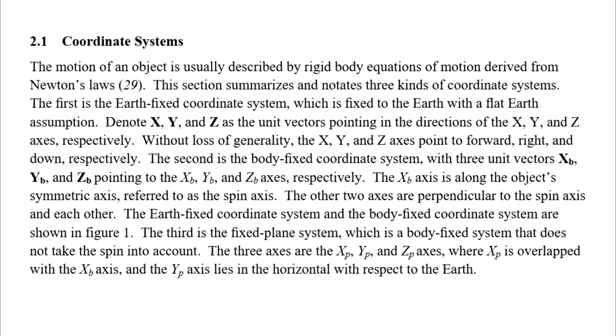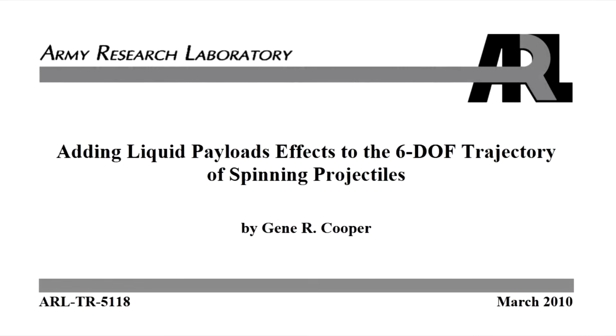How can these algorithms used for navigating projectiles, robots, and autonomous vehicles be accurate using a flat Earth assumption if they are actually navigating over a globe? 30. Another U.S. Army Research Laboratory paper released in 2010, titled "Adding Liquid Payload Effects to the 6-DOF Trajectory of Spinning Projectiles," tested the behavior of projectiles carrying liquid payloads, such as smoke screens delivered by artillery rounds.